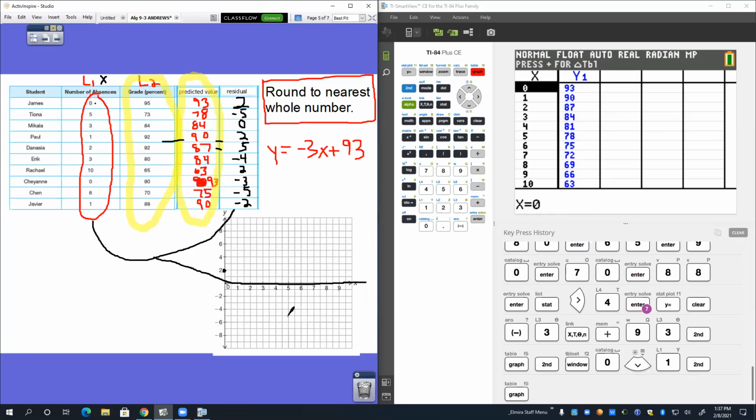Again, these aren't going to be in order because our x values aren't in order. 3 and 0. 1 and 2. 2 and 5. 3 and -4. 10 and 2. 0 and -3. 6 and -5. And 1 and -2.